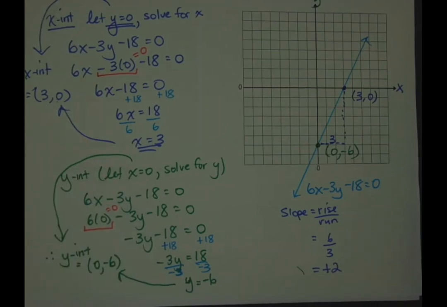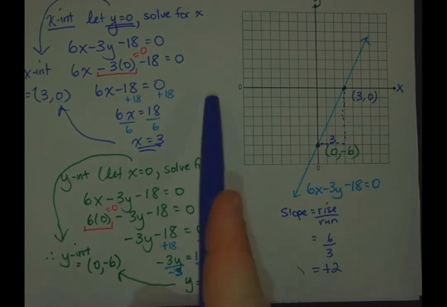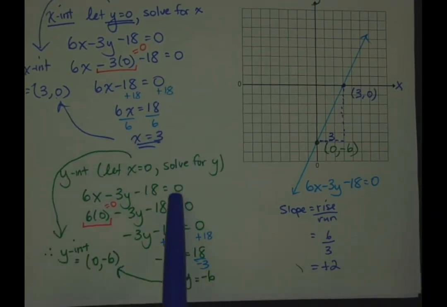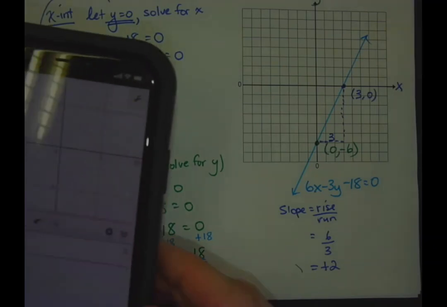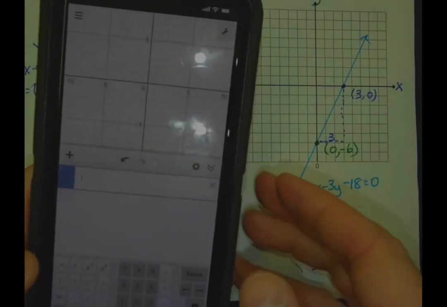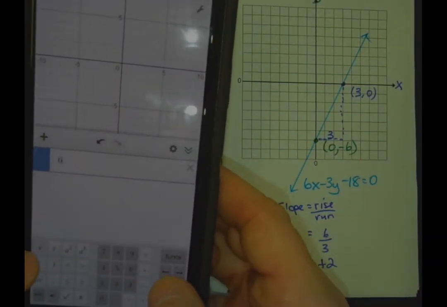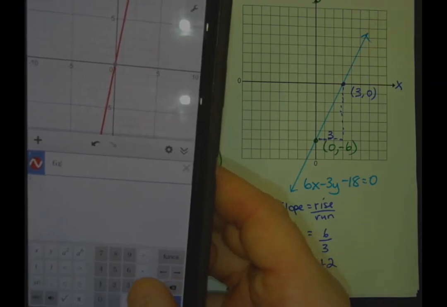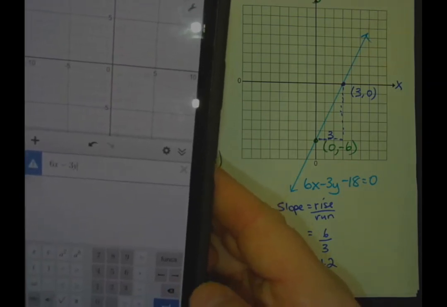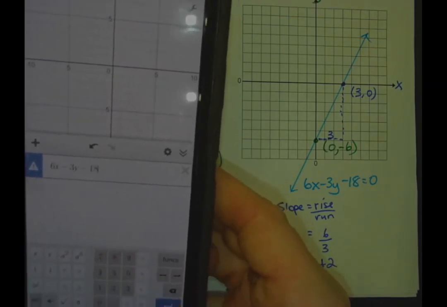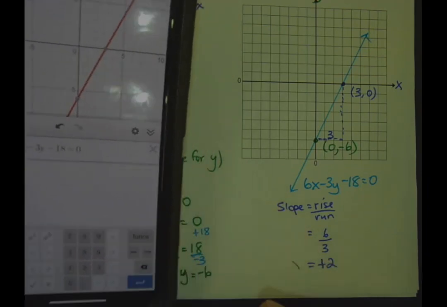So this is a different way of graphing this line, where I can find the x and y intercepts by making the other letter 0. And if you wanted to check your work, I can actually do this. 6x minus 3y minus 18 equals 0.